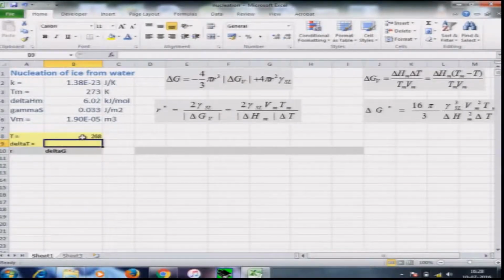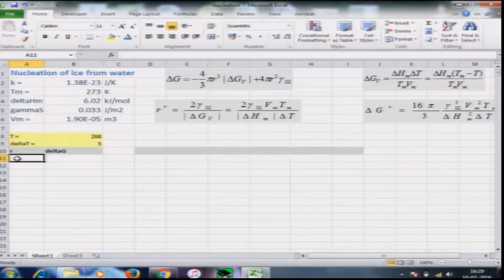Therefore, the undercooling, which I will put in cell B9, would be Tm, which is 273, minus 268, referring to cell address B8, and that gives me the undercooling of 5.